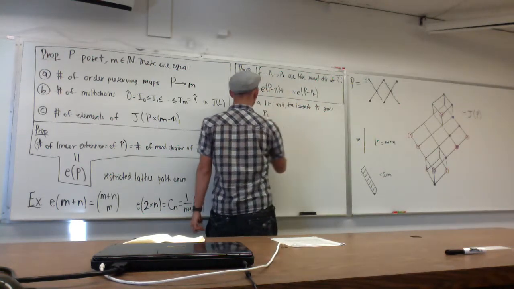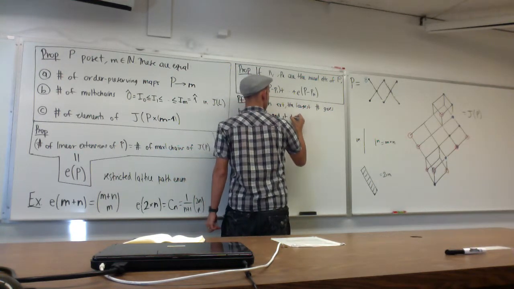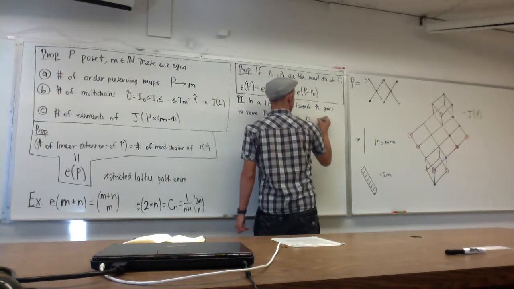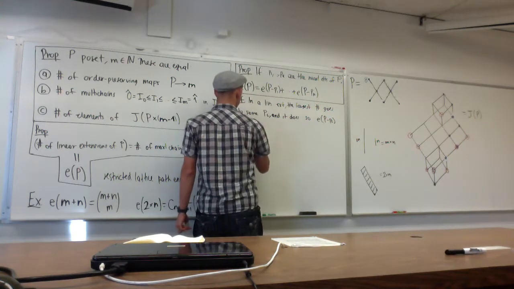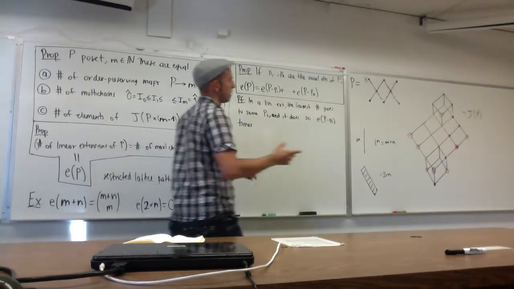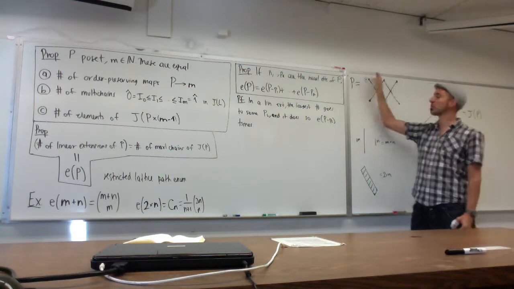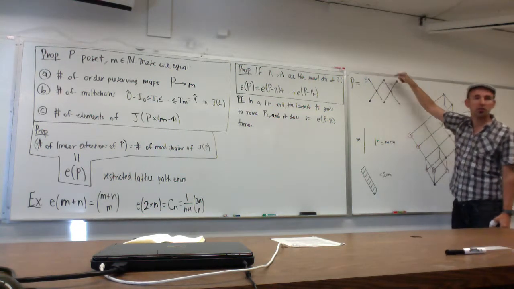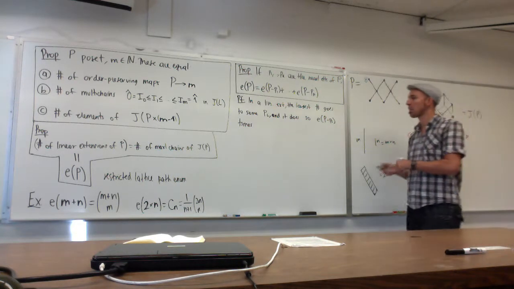So the largest number goes to some Pi, and it does so E of P minus Pi times. So if it goes here, then you get the extensions of this poset. If it goes here, you get the extensions of this poset. And if it goes here, you get the extensions of this poset. So that's the argument.